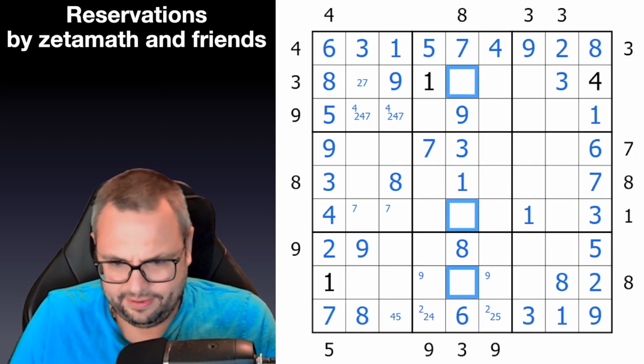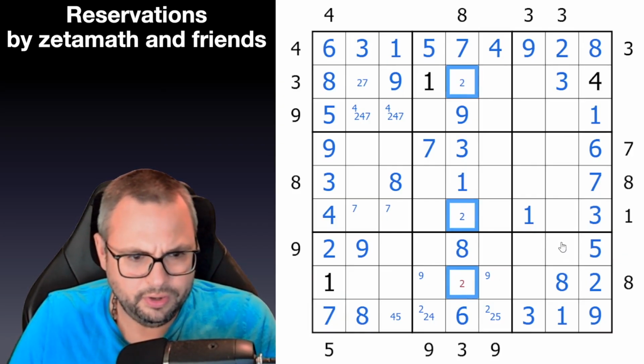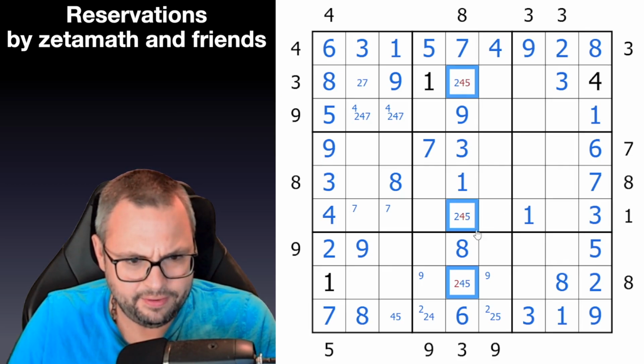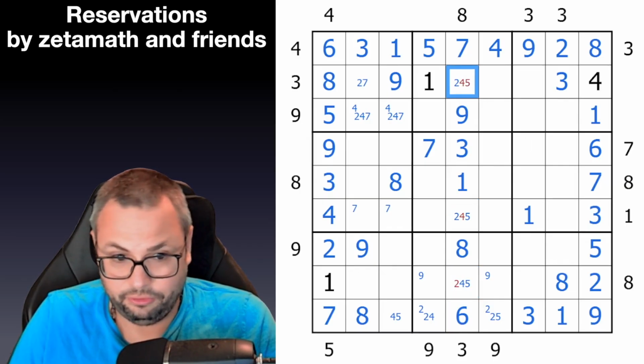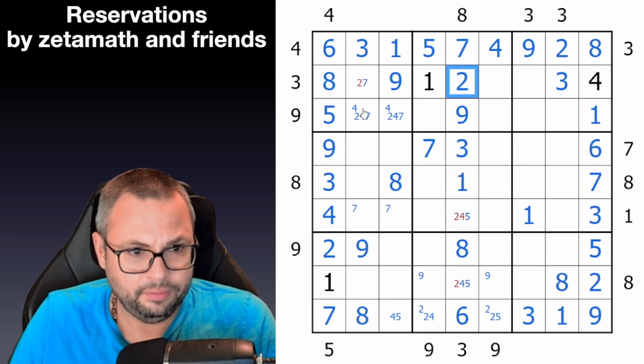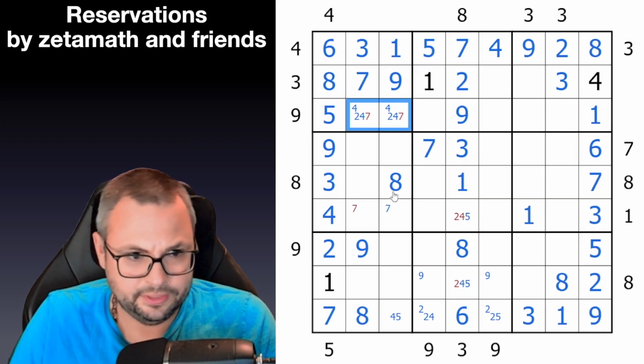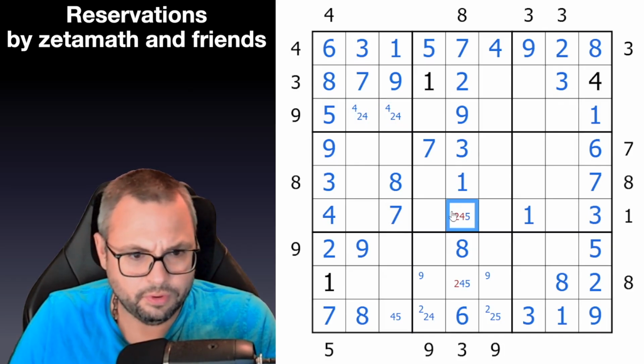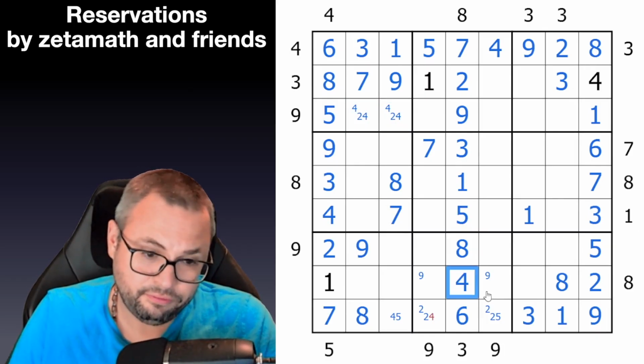So what's left in this column is a 2, 4, 5, and that's the 2, which seems to do a lot. So a 2, 4 pair, that's a 5, and that's a 4.